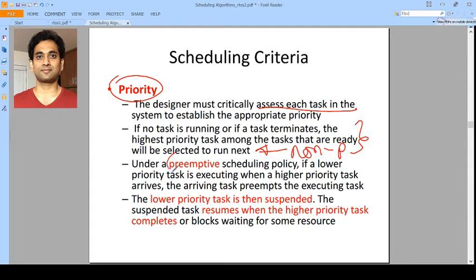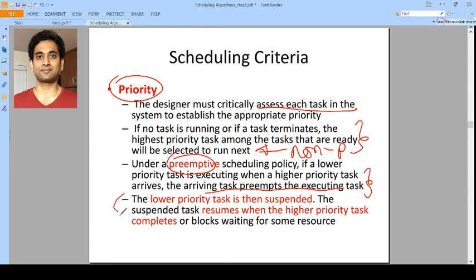But in a preemptive scheme, if a lower priority task is executing, when a higher priority task arrives, then the arriving task preempts, or kicks out, or ousts the currently executing task.